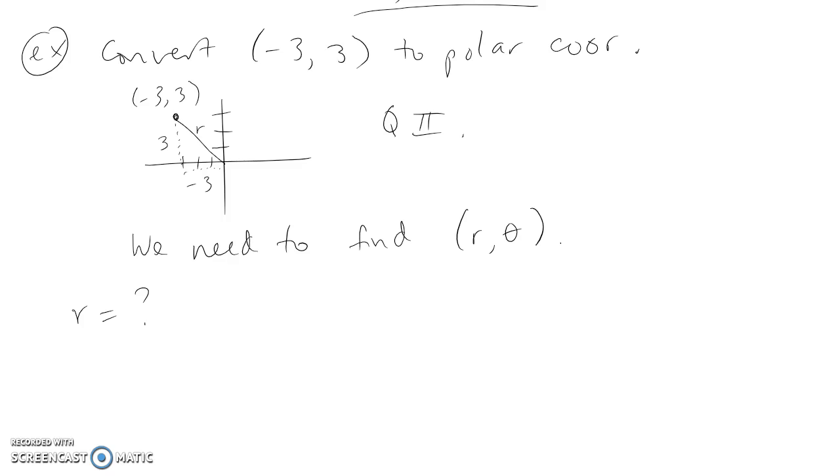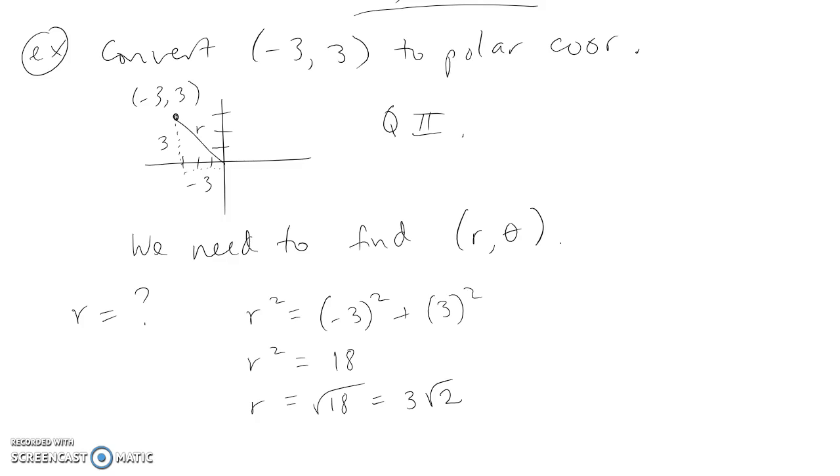So if I were to look for the distance of r, I could use the Pythagorean theorem, and I could say r squared is equal to -3 squared plus 3 squared. Notice that -3 is going to get squared, so it doesn't really matter if I use the positive or the negative to begin with. So r squared is going to be 9 plus 9, which is 18, and r is the square root of 18, or 3 times the square root of 2. Okay, so that's the distance from the origin to the point, and that's my r.